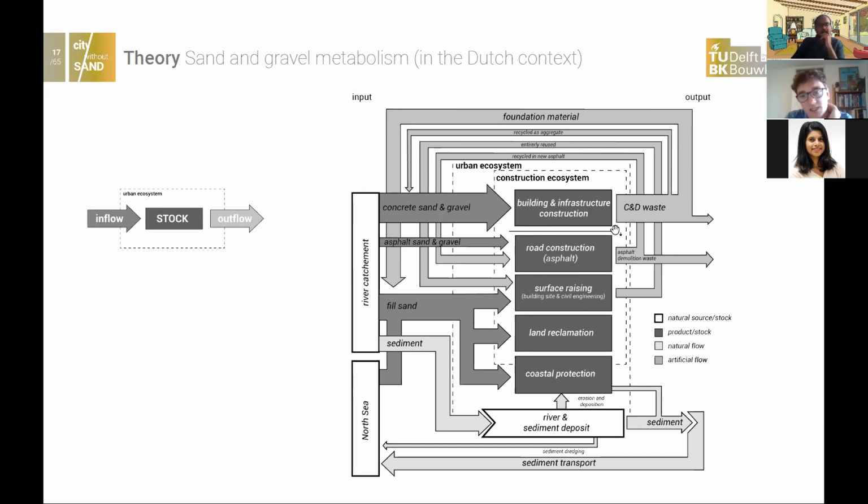And when it's demolished at the end of its life, then demolition waste is generated. But for sand, when we demolish our concrete, we don't throw it away, but we use it as a foundation material in surface raising and land reclamation. So you can see that there's a lot of input of material, but not that much output.